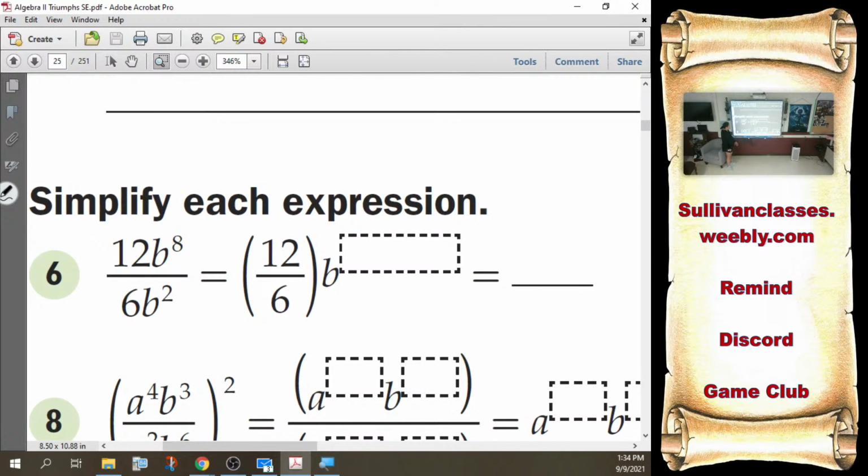So, right above that, what is 8 minus 2? So write the 6 in the big box. Yay! Now what is 12 divided by 6? Because those are outside of exponent land. How many 6s fit into a 12? 2. So your final answer is 2b to the 6th.